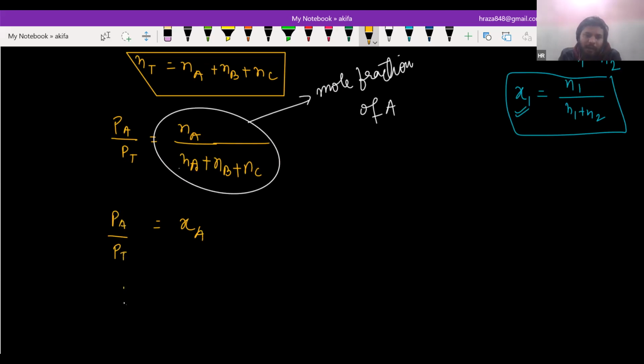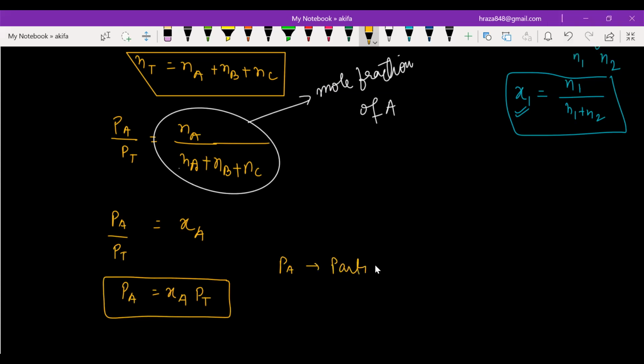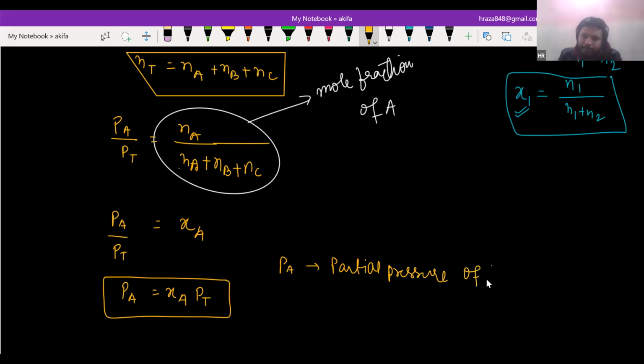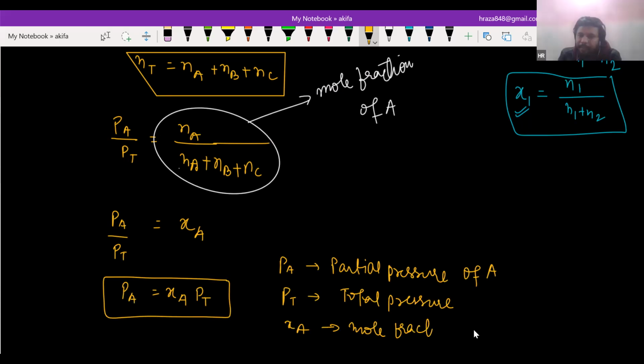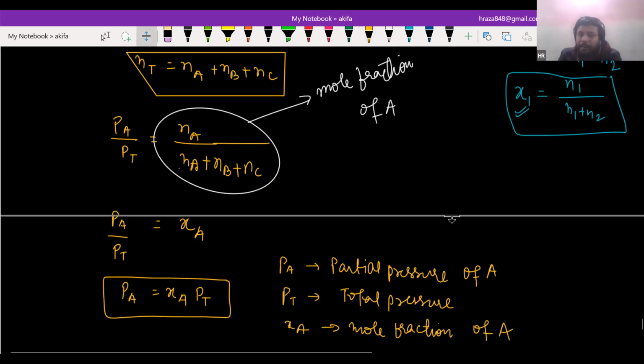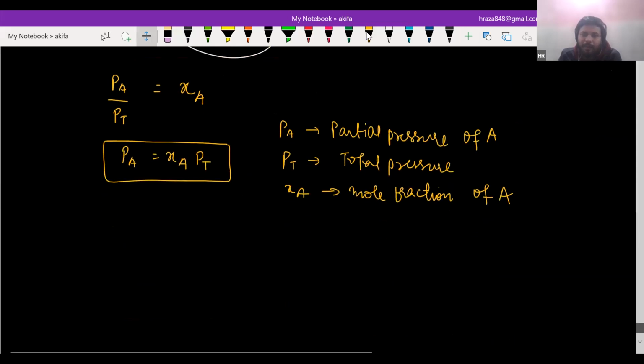In the same way, PA is equal to zeta A into PT. What is PA? PA is partial pressure of A, and PT is basically total pressure, and zeta A is mole fraction of A. In the same way, we can find PB and PC.